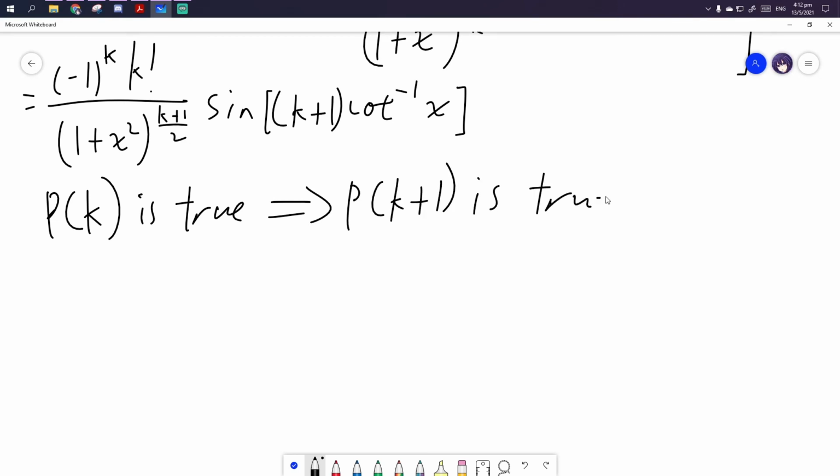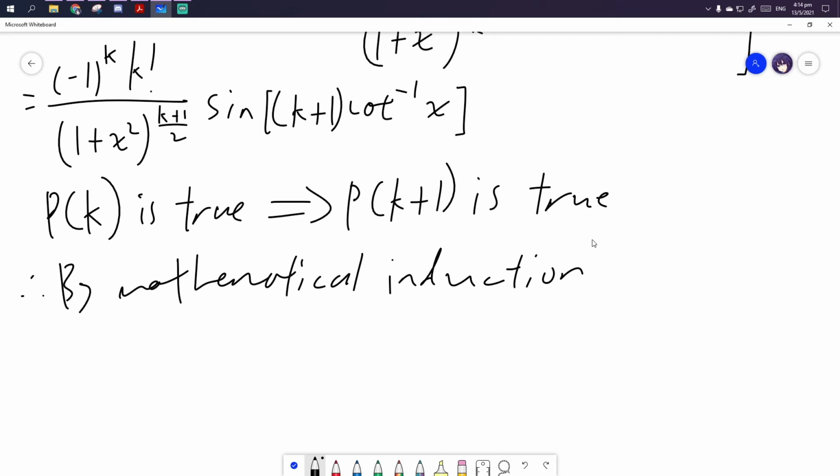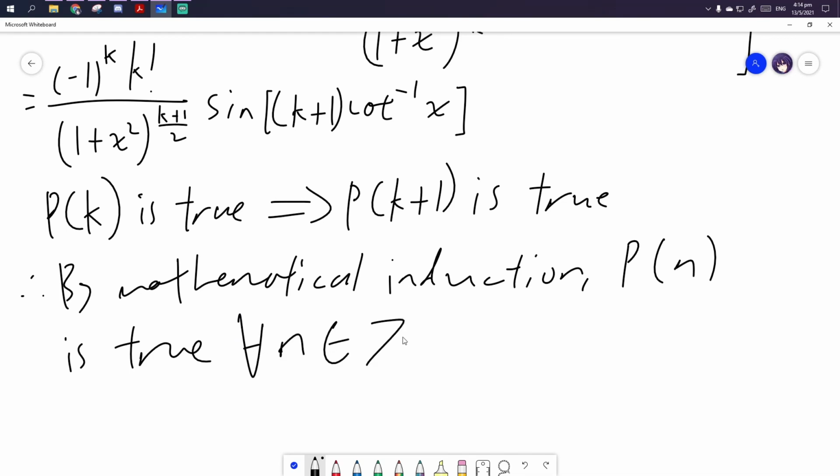So we have done everything we needed to prove by mathematical induction. So therefore, by mathematical induction, we can write the statement P(n) is true for all positive integers n, right? So let's write that.